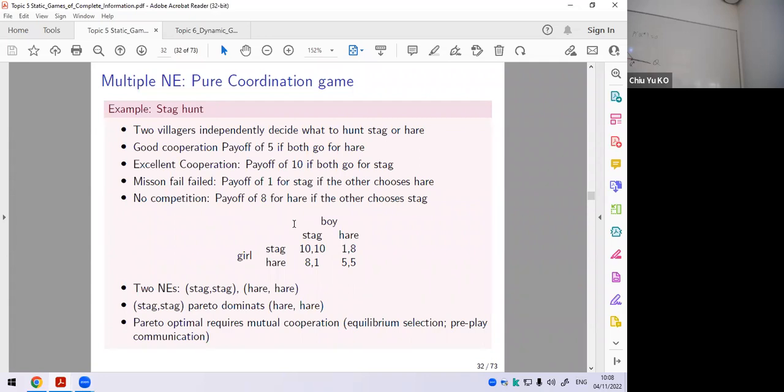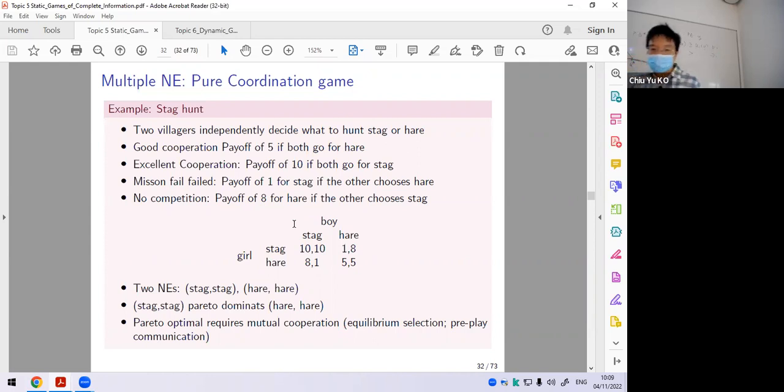I said this Pareto dominates, this means that the payoff of everyone here is better than the payoff of everyone there. So we say outcome X Pareto dominates Y means u_i(X), the strategy profile, is better than u_i(Y) for all i, and this is strict for some i.